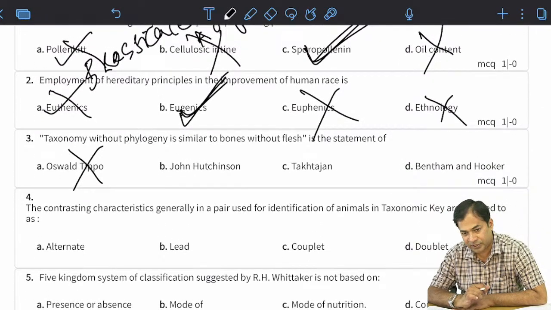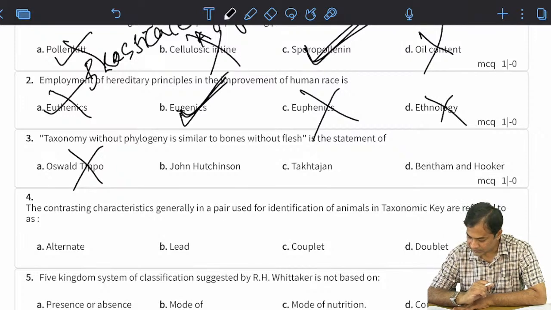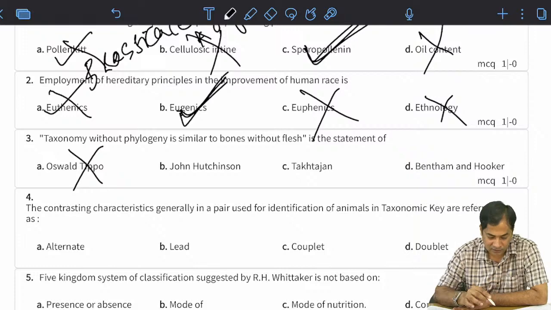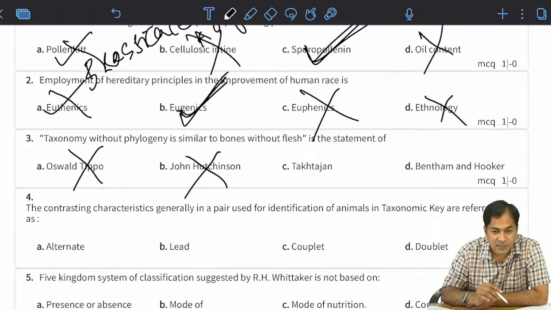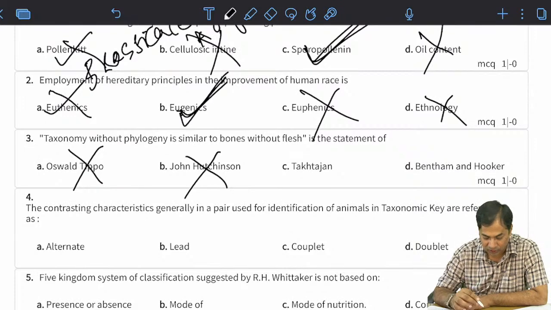He classified angiosperms, or flowering plants, so he is related to plant taxonomy. Even Hutchinson did not mention phylogeny or phylogenetic classification. So John Hutchinson is a wrong option.